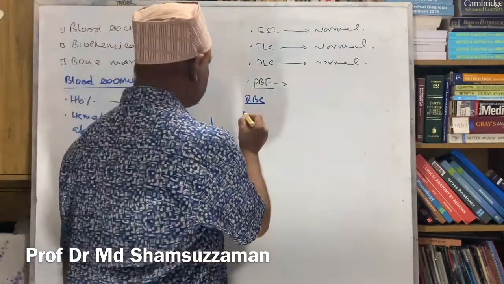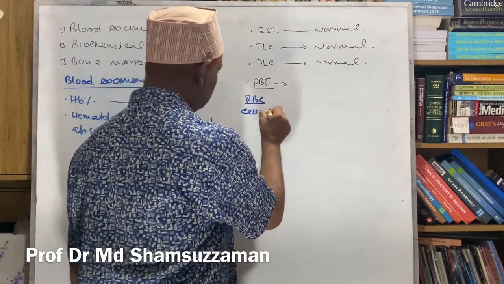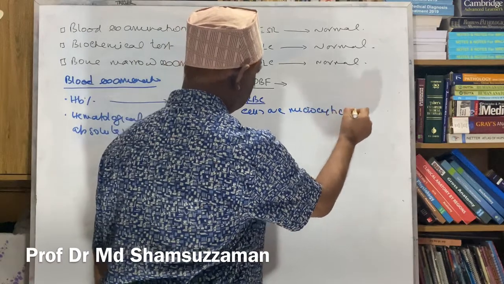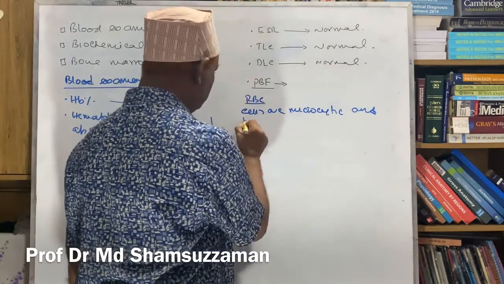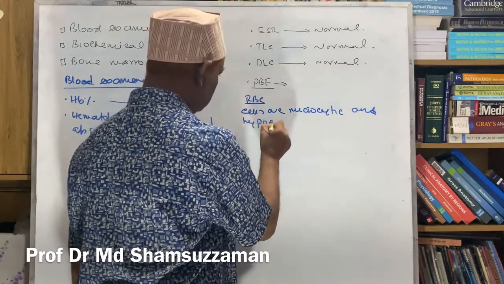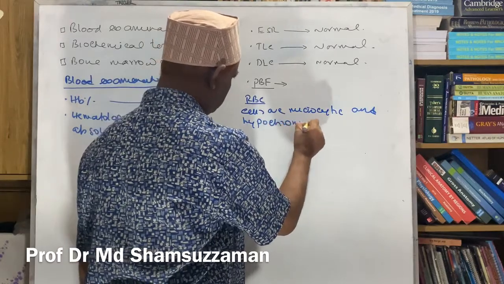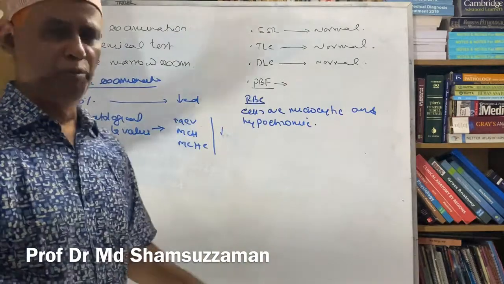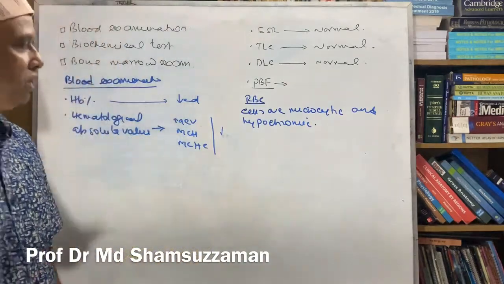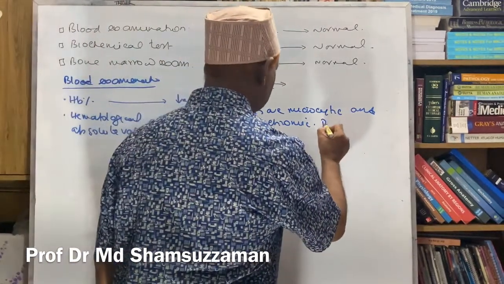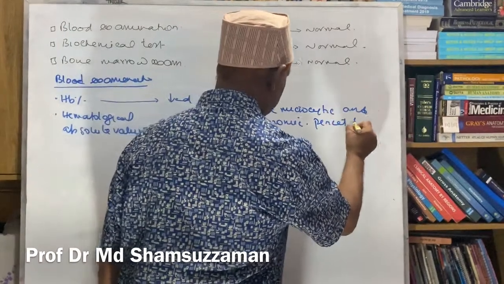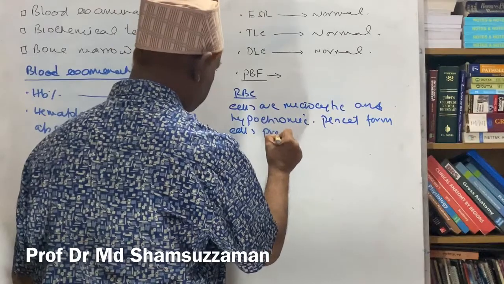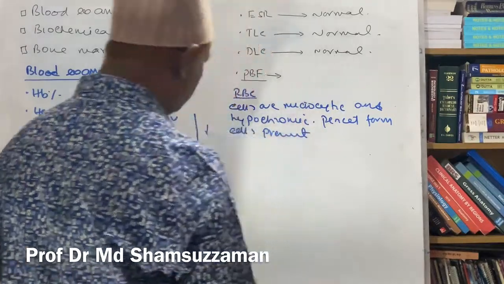That is, cells are microcytic and hypochromic. And in addition to these microcytic and hypochromic red cells, we will get pencil-form cells present.